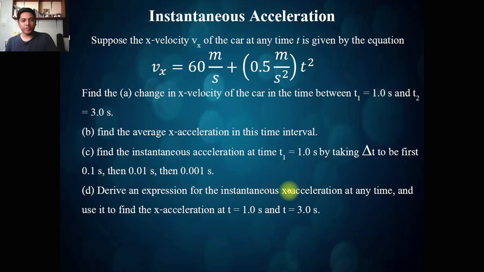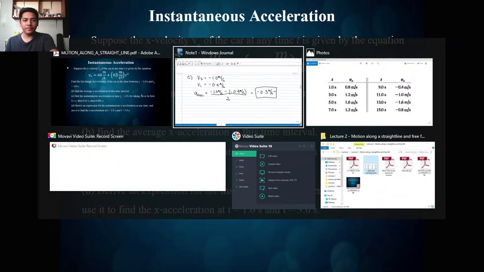Okay, so suppose the x velocity of the car at any time t is given by the equation vx equals 60 meters per second plus 0.5 meters per second squared times t cubed. That is my mistake, that is t cubed.